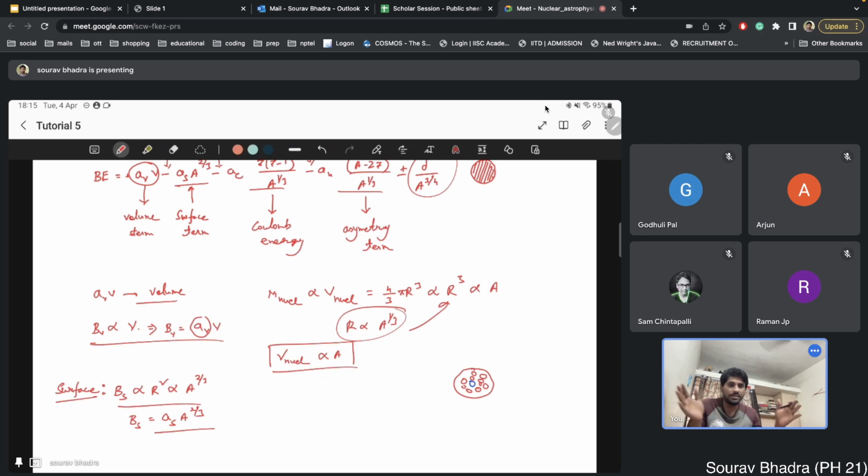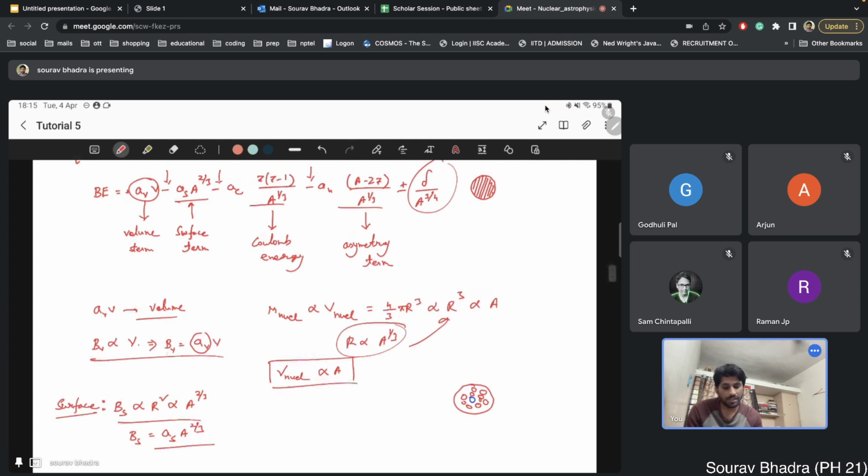So binding energy is attractive, and the Coulomb energy is the repulsive force. So it is obvious that we have to subtract that repulsive energy from the binding energy. So that is the reason behind the minus sign in front of the Coulomb energy. We are subtracting this contribution from the total binding energy because it is repulsive.